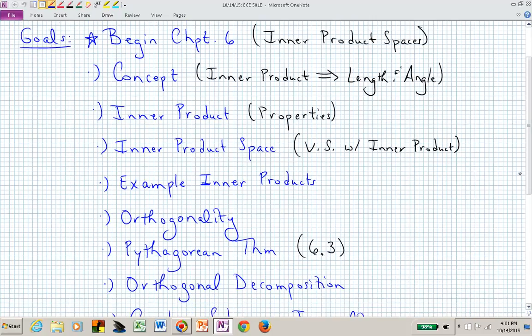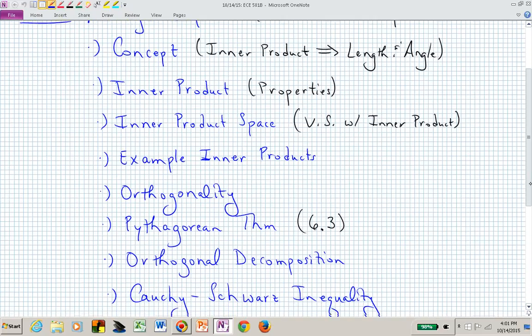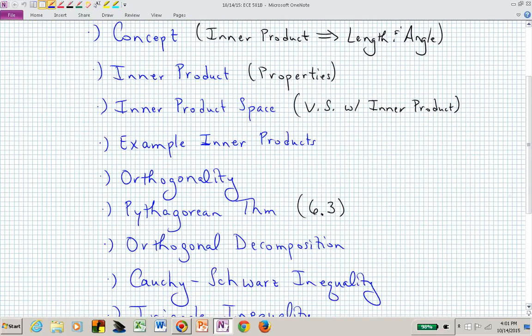We'll talk about the concept, the inner product, giving us this idea of length and angle. We will discuss the properties, or just list the properties, of the inner product. Once we have an inner product, we can combine that with our vector space to say now we have an inner product space.